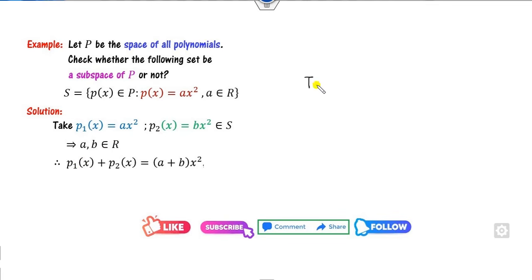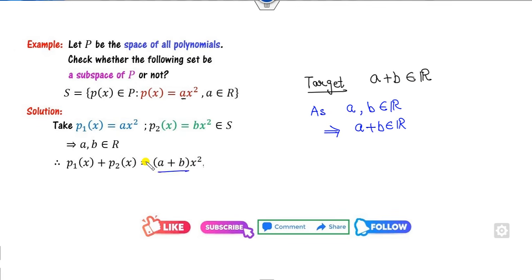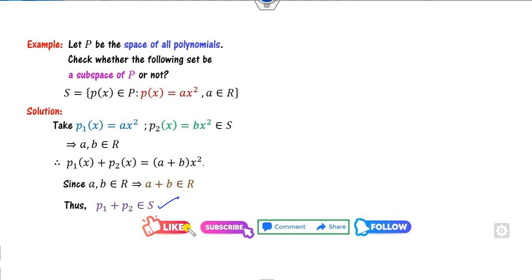Now what is your target? Your target is to prove the coefficient of x square, a plus b, is part of R, and that's very simple. Now you can see a and b are part of R. That implies a plus b is also a real number, hence this belongs to the S.